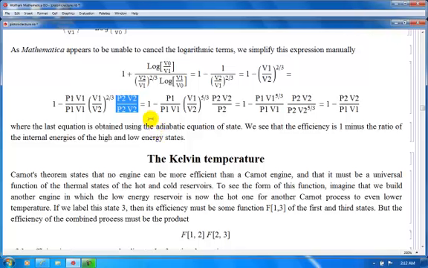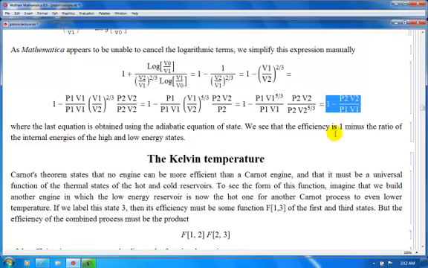So we haven't changed anything, and now we write it like this. We take this V1 in here, so we've got P1 times V1 to the 5/3 times P2 V2, and P1 V1 times V2 to the 5/3 times P2, which we can move around, and it looks like that. Now this is equal to this by the adiabatic equation of state, so we can cancel all that, and the result is this very simple result here.